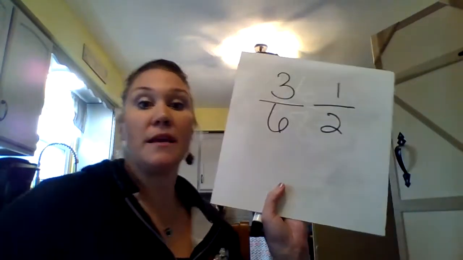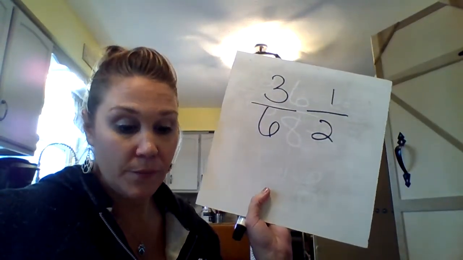So your answer should be 1/2. Perfect. 4/10 plus 3/10 is 7/10. Doesn't go any lower than that. And then 5/12 plus 2/12 is 7/12. And that too is in simplest form.